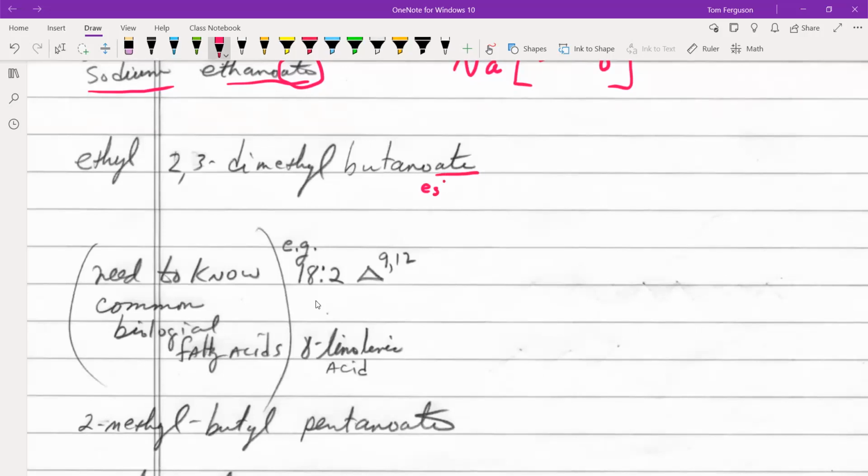Another ester, 4-carbon ester. And it came from the ethanol. And we have 1, 2, 3, the 2 methyl groups.